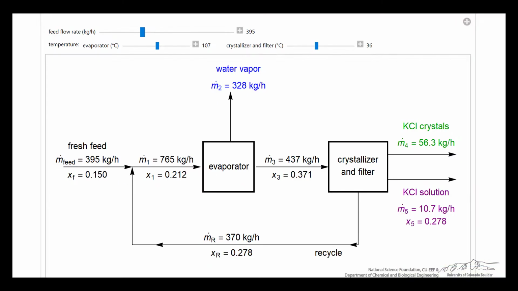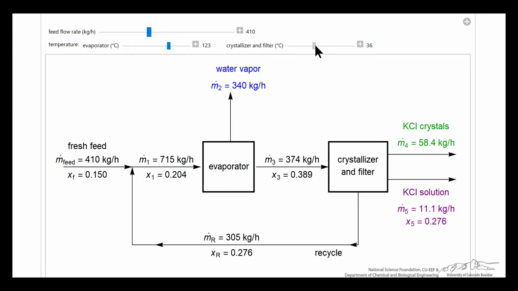Here's the simulation, and if we increase the feed flow rate, of course, then we have more recycle, and we have more crystals leaving the system. If we increase the evaporator temperature, because of the constraints, we increase the concentration, and we're increasing the recycle.